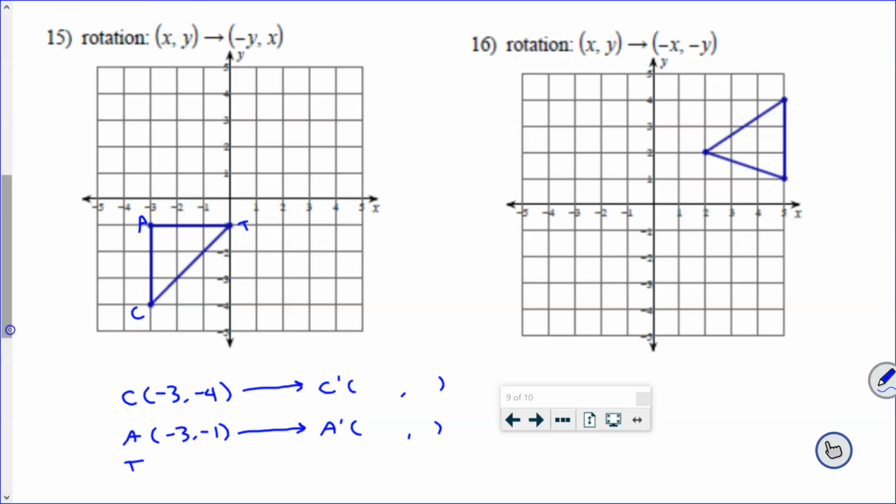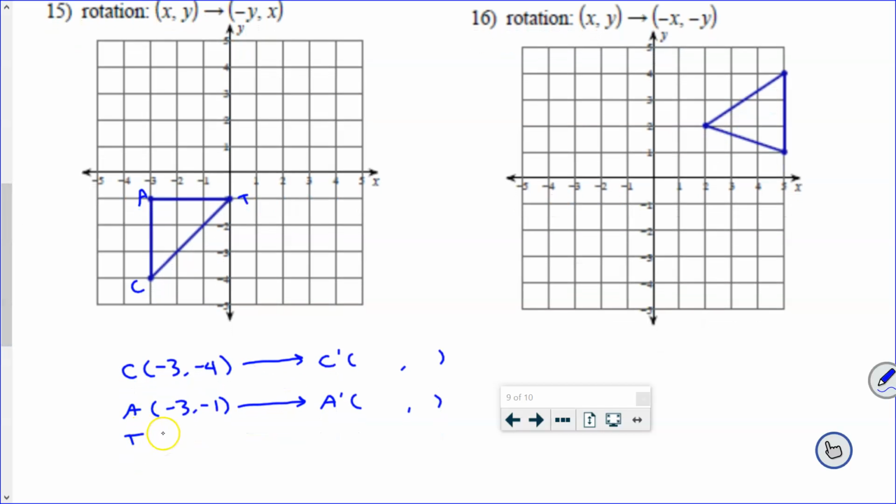And T has coordinates 0, -1, and it's going to go to T prime, which is its new coordinates that I'm going to be finding. And like I said, I like to rewrite that rule right up above it. So it is for sure a rotation, and (x, y) goes to, careful, (opposite y, x). Don't forget about that guy right there.